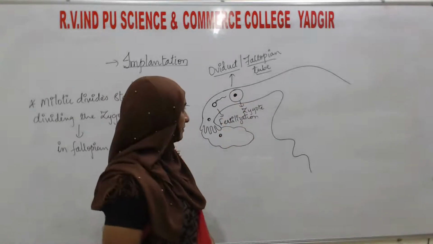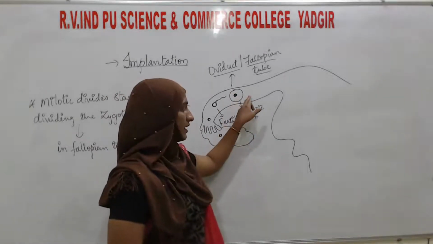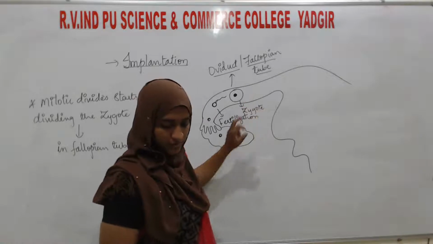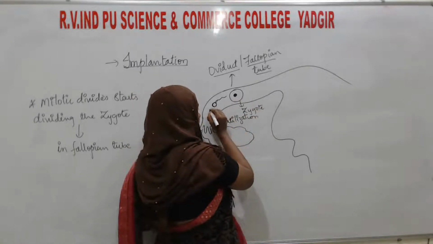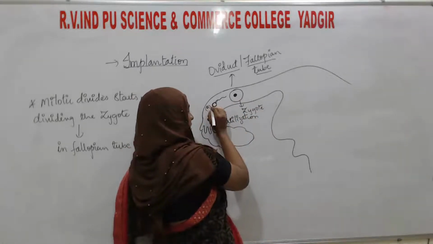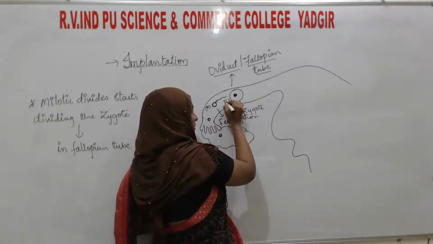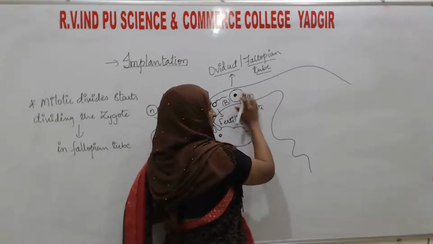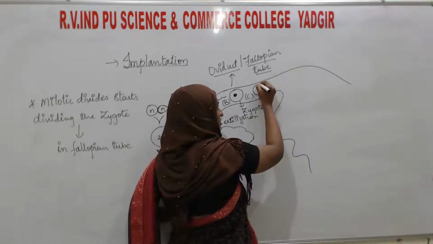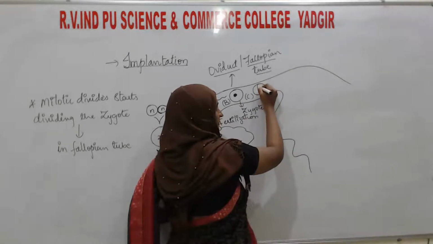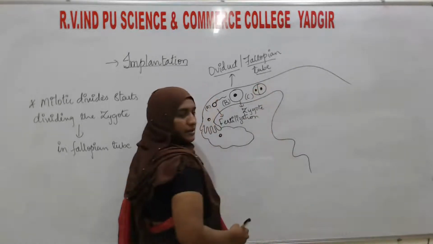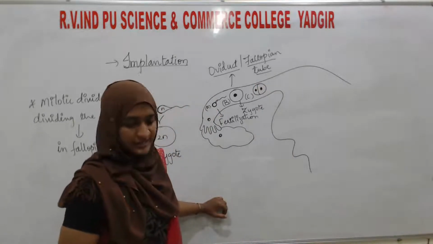So next, this zygote will move further and form two cell stages. This event I will mention as A, this one as B. When C, the cell will divide into two cells.